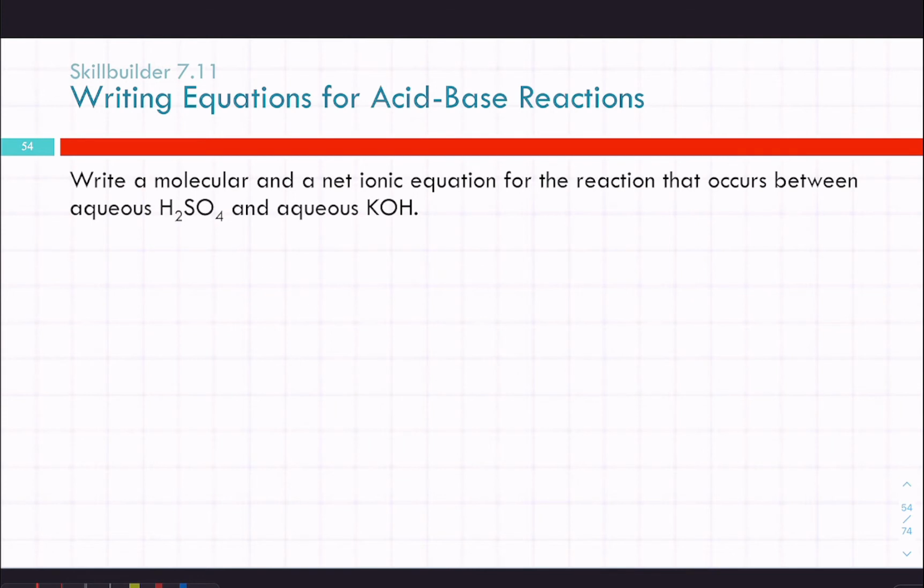So we're going to write a molecular and a net ionic equation for the reaction that occurs between H2SO4, or sulfuric acid, and potassium hydroxide. So H2SO4 aqueous plus potassium hydroxide, also aqueous.